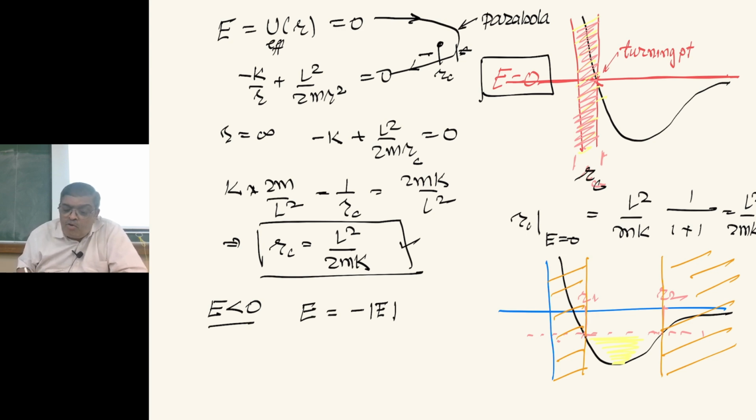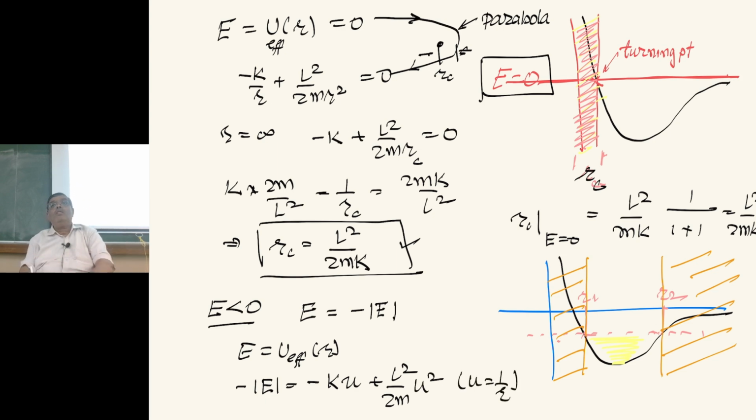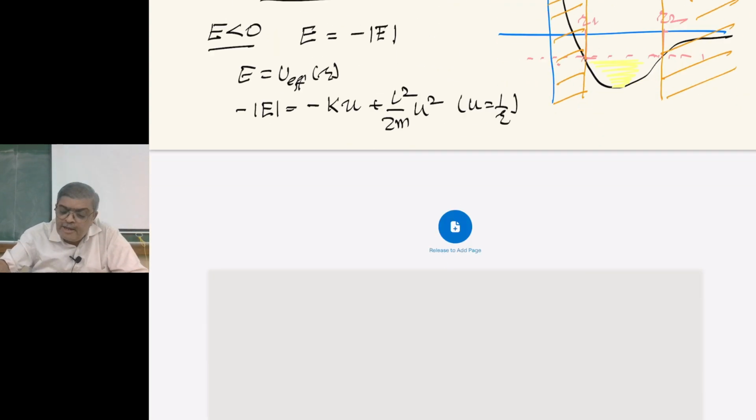And then again E is equal to U effective of R. So minus the modulus of E is going to be equal to minus KU plus L squared by twice M into U squared, where U is equal to 1 by R. Is that right? Let's try to see what kind of a quadratic equation I get in this case.